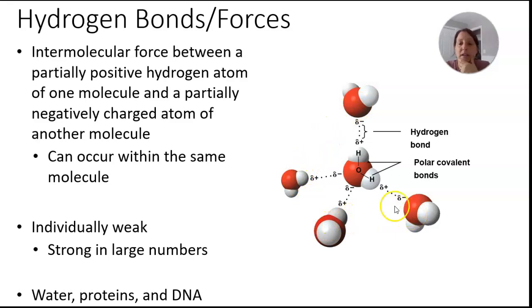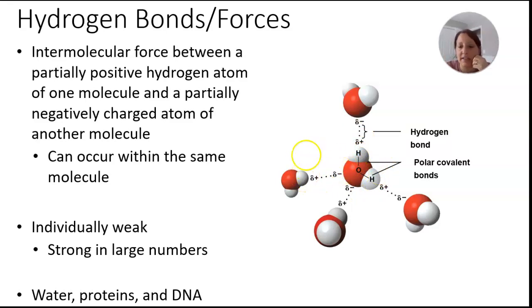And so what's going to happen is the partially positive hydrogen atoms of this water molecule are going to be attracted to the partial negative pole, the oxygen, of this water molecule. And the same thing is going to happen over here. So the partial positive region of this water is going to be attracted to this partial negative charge on this oxygen. And the same thing here and here. And so each water molecule could interact with 4 other water molecules.